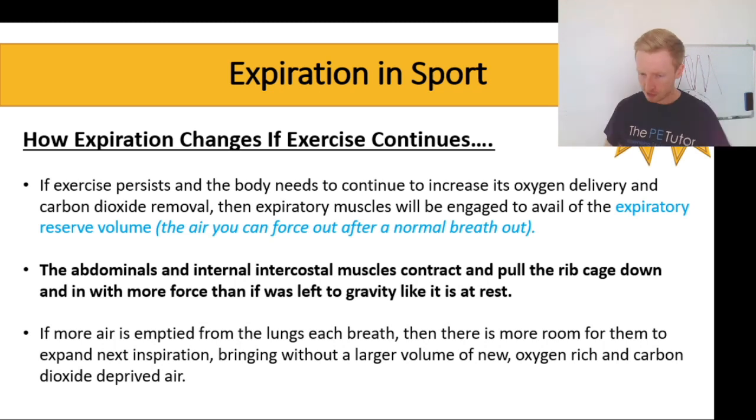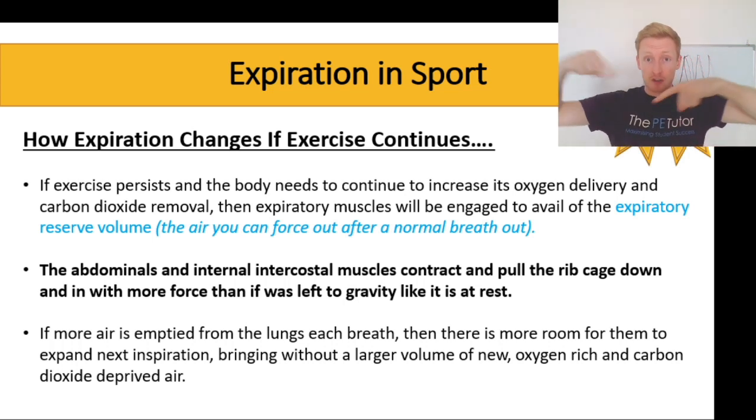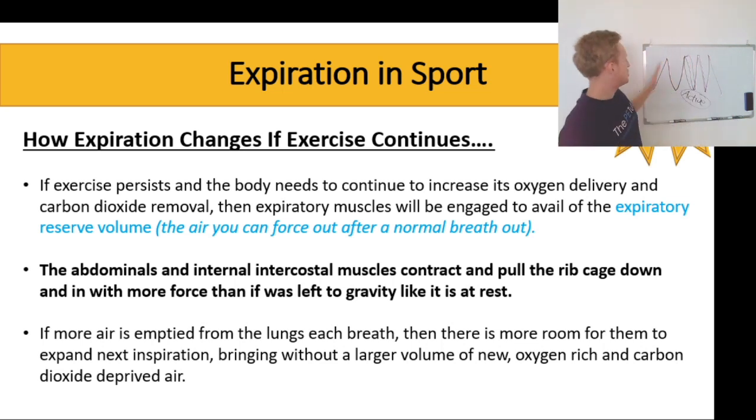Why would we engage muscles if we don't need to engage muscles? Because by forcing expiration and contracting muscles, that's also creating an energy demand. So we would then be breathing harder and faster to supply the respiratory muscles, which are working harder and faster. And it becomes this vicious cycle. So the body will try to satisfy demands by just manipulating inspiration to start with. And it will leave expiration as that passive process.